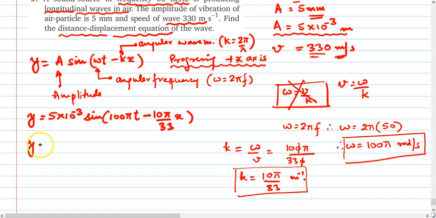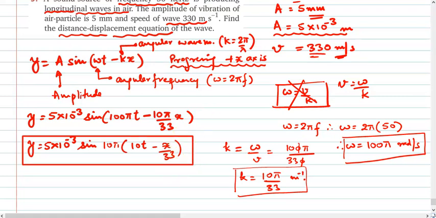Let's take 5 into 10 to the power of minus 3 sin, let's take 10 pi outside of the bracket. So once 10 pi goes outside, it becomes 10(t minus x upon 33). So this becomes the distance displacement equation.